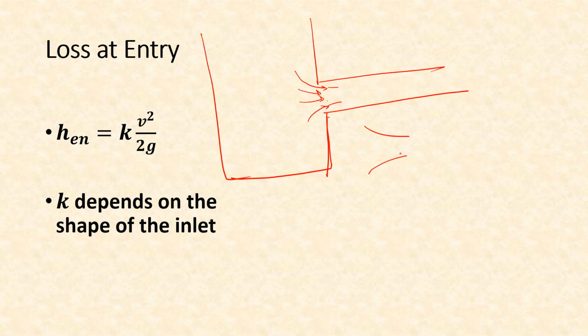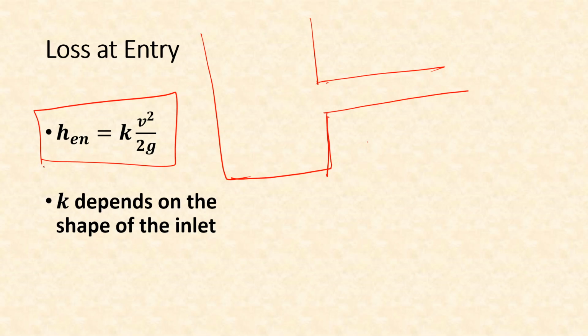That means they try to get closer to each other, and that causes this kind of contraction very near the mouth of the pipe, the entry of the pipe. Near the pipe boundaries a low pressure region is created, because of which the flow creates some kind of turbulence, and because of this turbulence some head is lost, and that head loss is given by this formula k into v square by 2g, where v is the velocity inside this pipe.